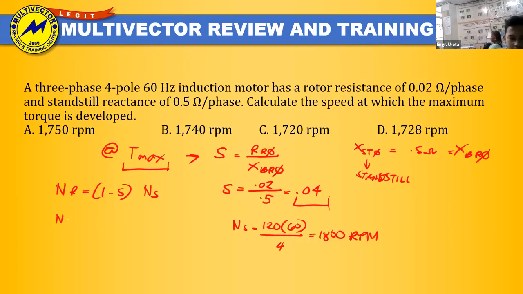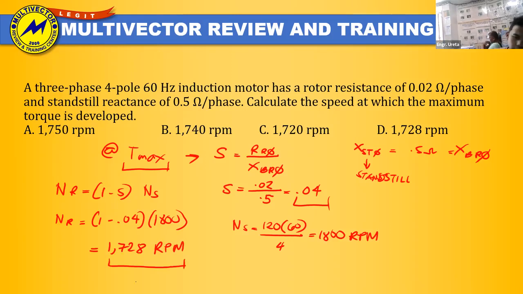Therefore, our NR or rotor speed natin is (1 minus our slip 0.04) multiplied by NS, which is 1,800. Kaya ang lalabas sa sagot dito, 1,728 revolutions per minute. So tamang sagot, letter. Okay, so yun yung tamang sagot natin.